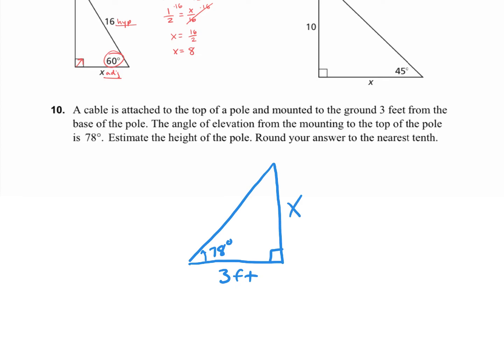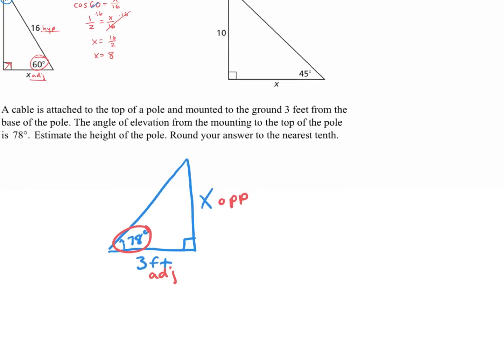So if 78 is our theta, what is x? Opposite, adjacent, hypotenuse? Opposite. And what is 3? Adjacent. So which trig function involves opposite and adjacent? Tangent.